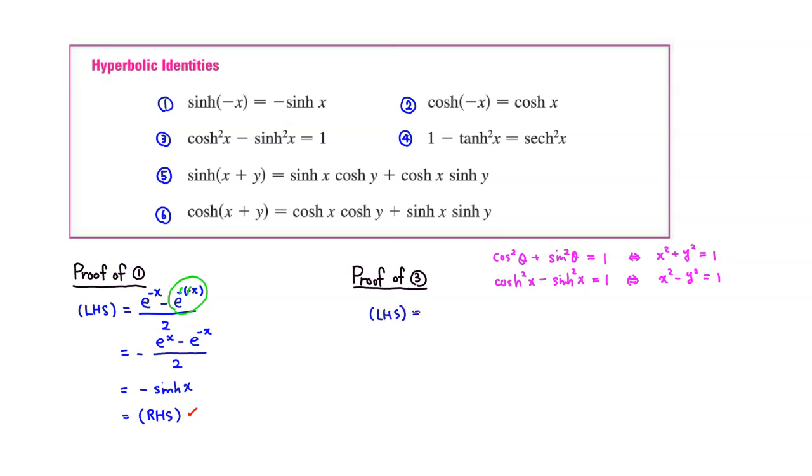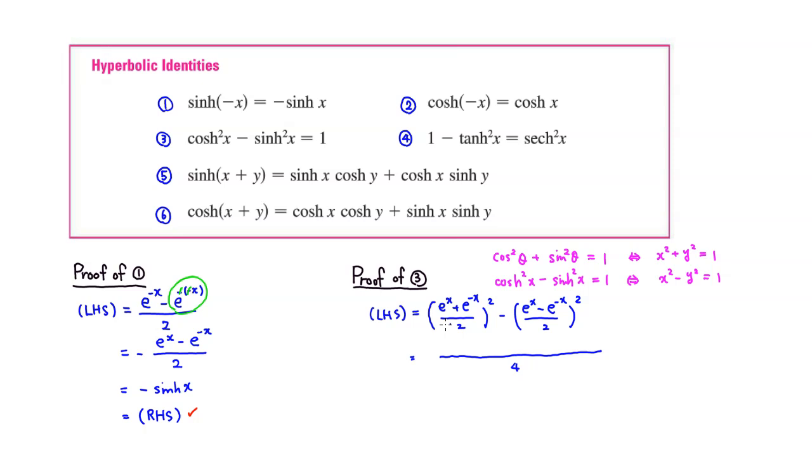We have hyperbolic cosine squared, so we have e to the x plus e to the negative x over 2, squared, minus e to the x minus e to the negative x over 2, squared. The denominator is going to be a 4 for both terms, so I'm going to just put the big 4 here.